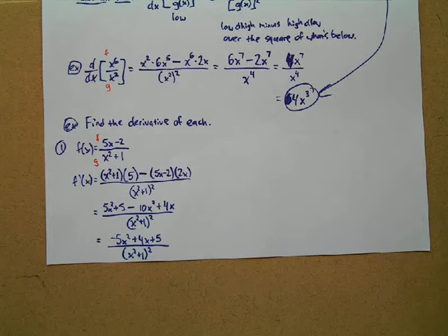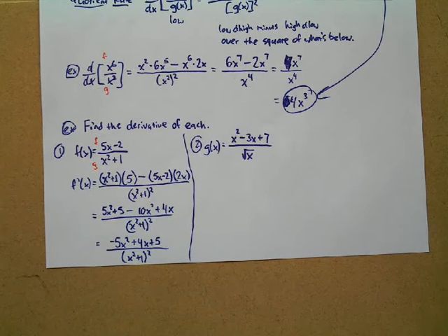There it goes. X squared minus 3x plus 7 all over the square root of x. Okay, we're going to take the derivative of this.